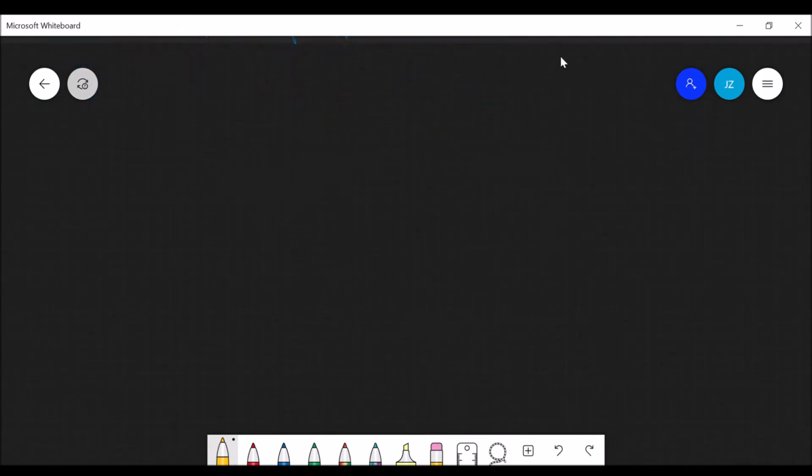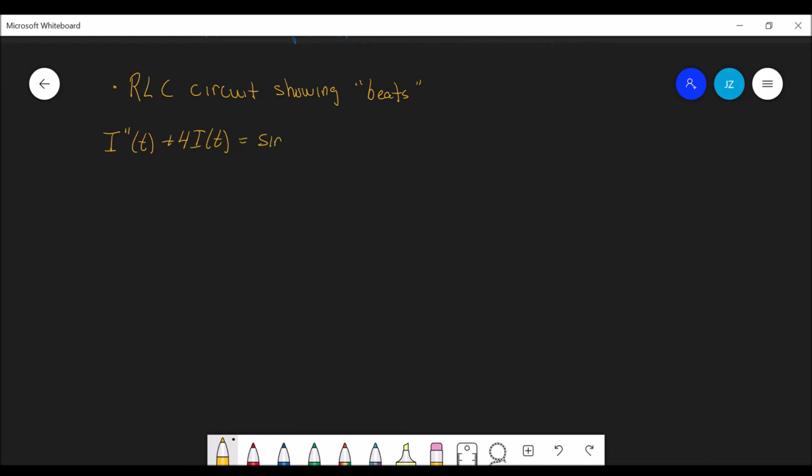A third equation is an RLC circuit showing beats. This is given by I double prime of t plus 4I of t is equal to sine of omega t.